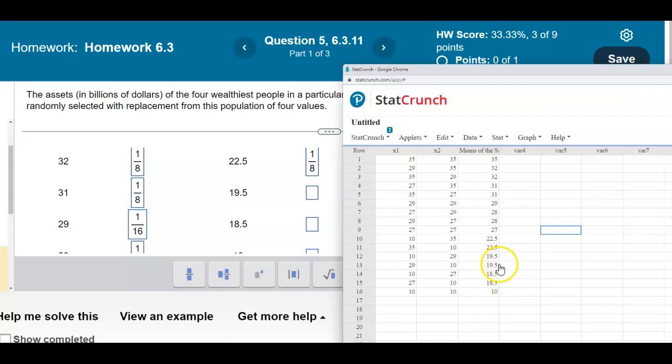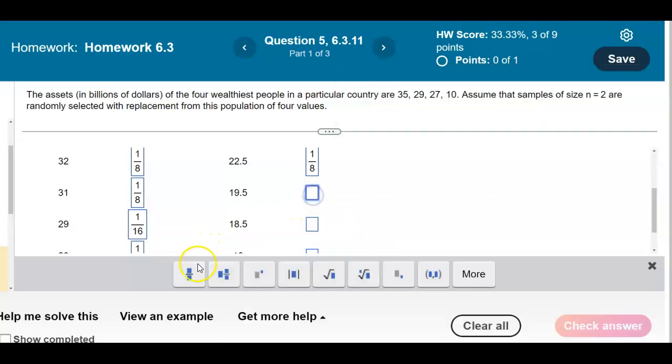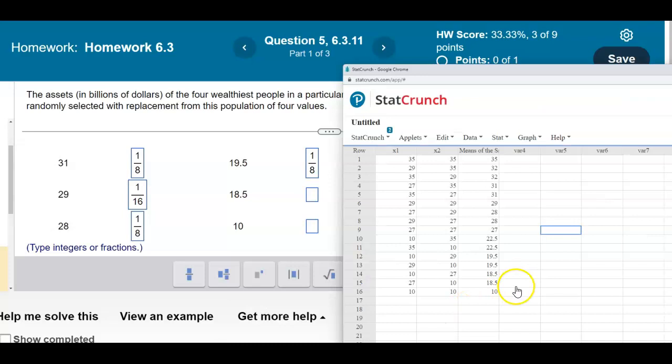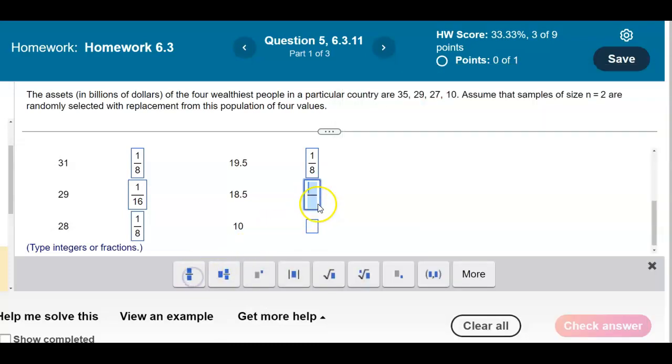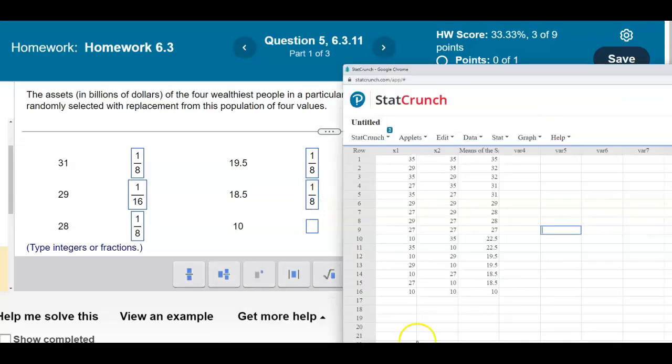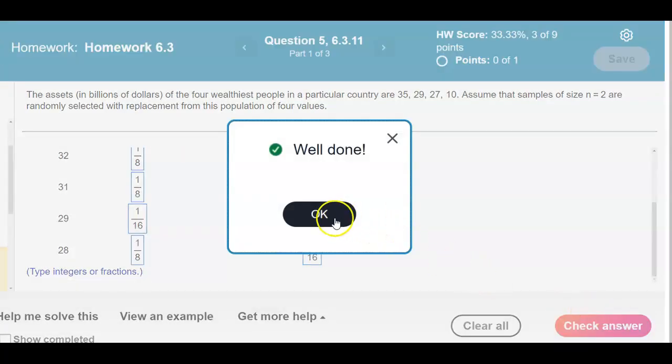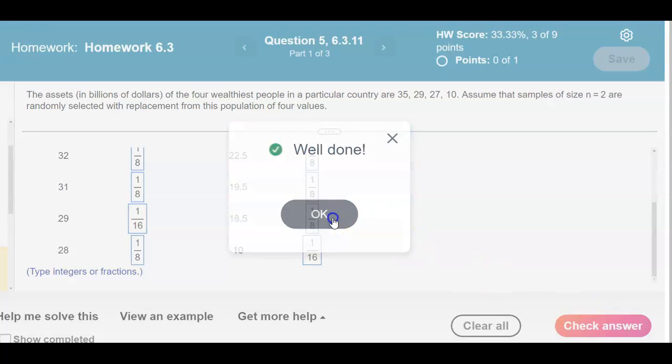Then we have 2 19.5s, and again that's 1 out of 8. We have 18.5, and there are 2 of those, so that's also 1 out of 8. And then there's only 1 10, so we put that as 1 over 16. Now let's check our answer. Therefore, our answer is correct.